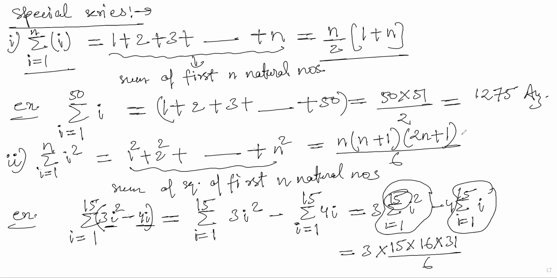Don't worry about it, I have just applied the formula. n is 15, so put 15. 15 into 16 into 31 divided by 6, minus 4 into 15 into 16 divided by 2. The final answer, you can calculate that. But that is how you can use the formula.